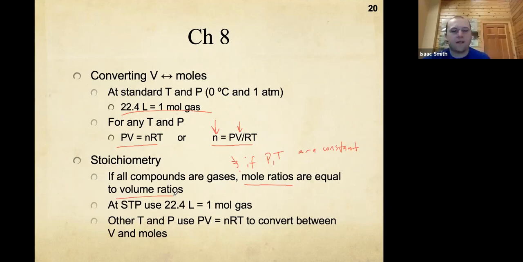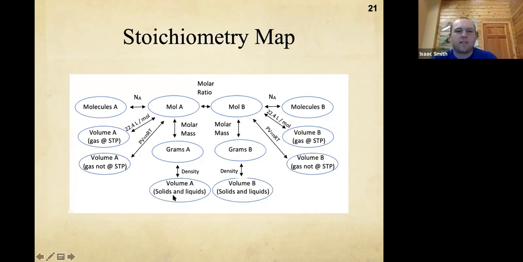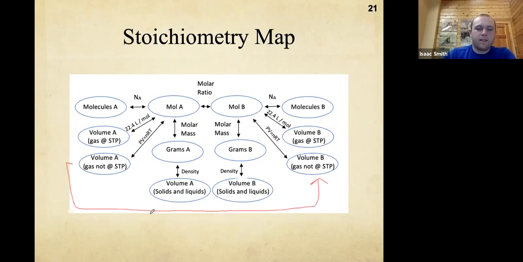And then, okay, so here's that stoichiometry map. So if you have a gas at STP, you use 22.4 liters. Not at STP, you can use PV equals nRT. The other one, the shortcut, I guess, is going from volume of A over to volume of B, okay?